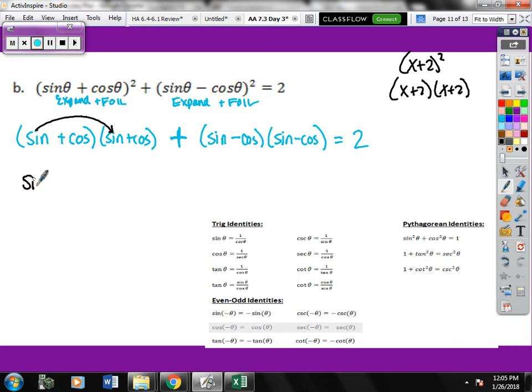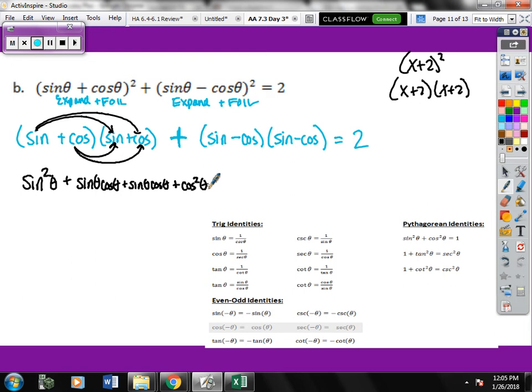So this will get me sine squared. I will put my theta in here because it looks weird if you don't, but with the squared. Sine squared. This will be plus sine theta cosine theta. Multiply my insides, I'll get also plus sine theta cosine theta plus cosine squared theta.